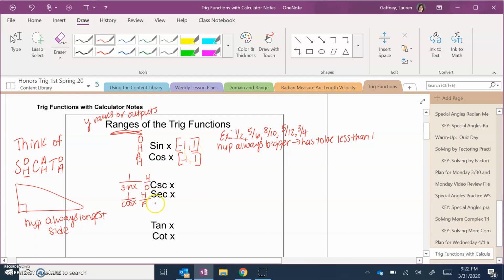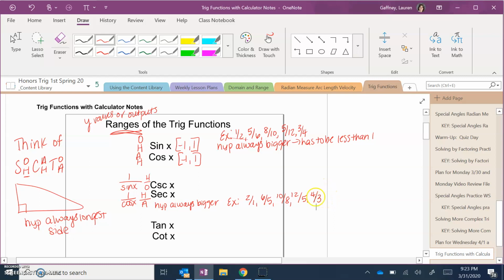So think about this. Your hypotenuse is always bigger, and now it's on top. So if I take all these examples from above and I now flip them, these are just random examples. And once again, they could have the negative side of all of these as well, depending on the quadrant. All of these values are now what?